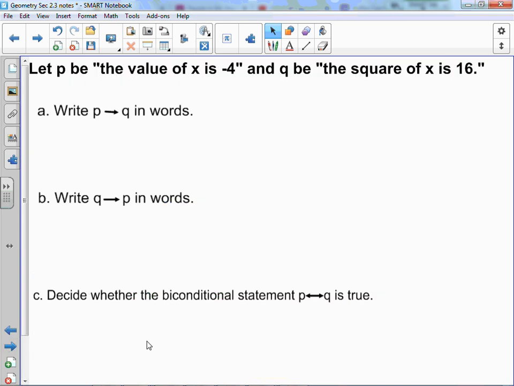All right, so let P be the value of x is -4. Q is the square of x is 16. So we're going to write P implies Q, or if P, then Q. So in that order, we're talking about a conditional statement.